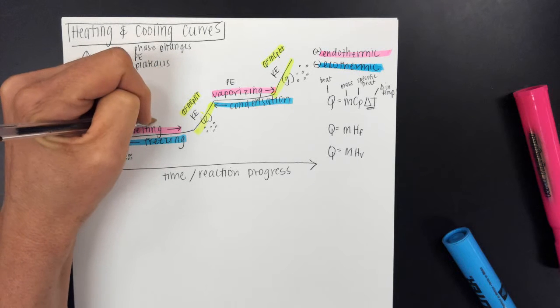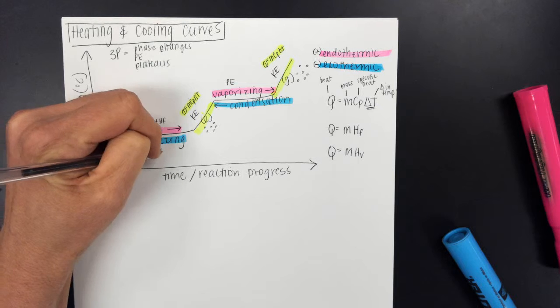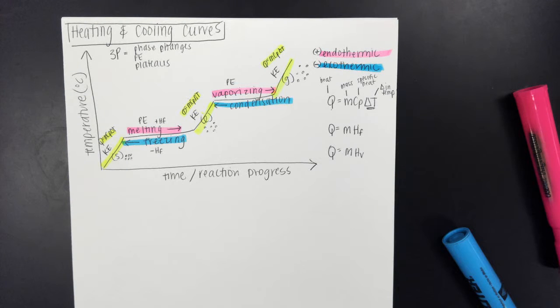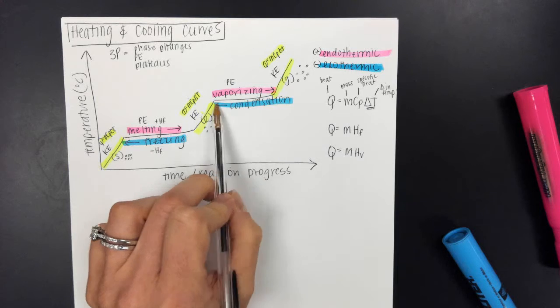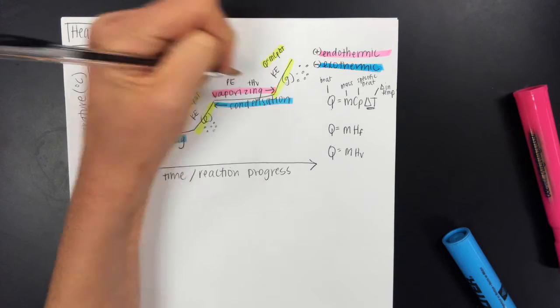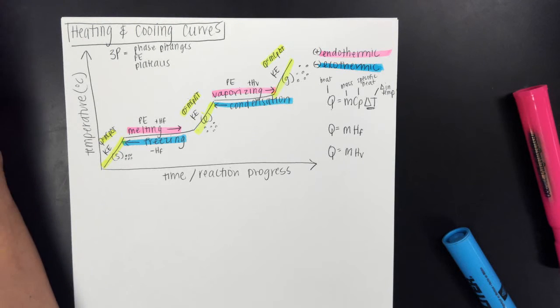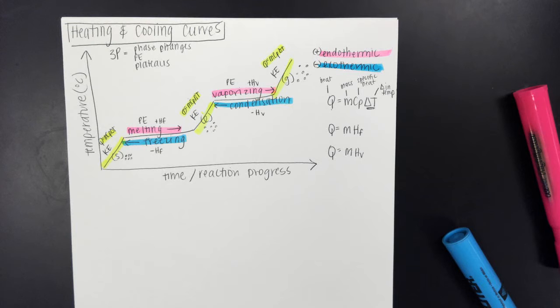If you have a positive heat of fusion, it's melting, and a negative heat of fusion, it's freezing. Heat of vaporization is up here on the vaporization and condensation phase change. A positive heat of vaporization is vaporizing or evaporating, and negative is condensing or condensation.